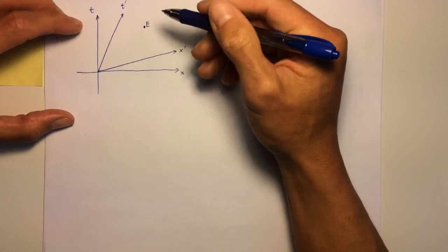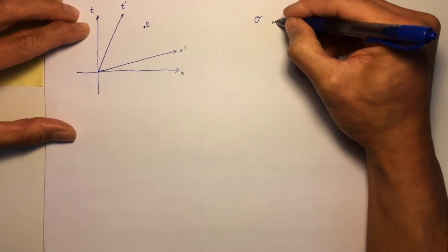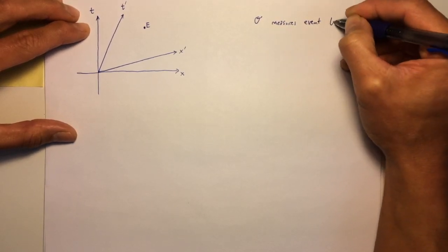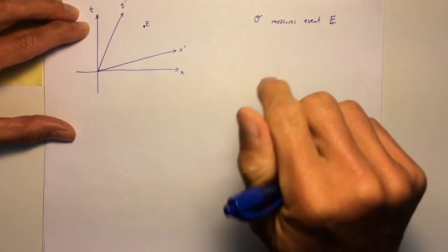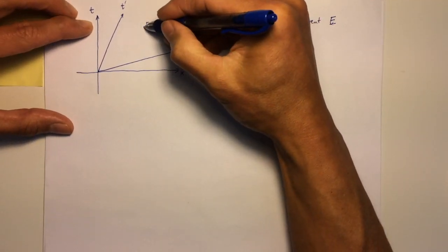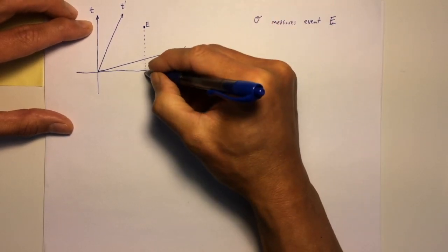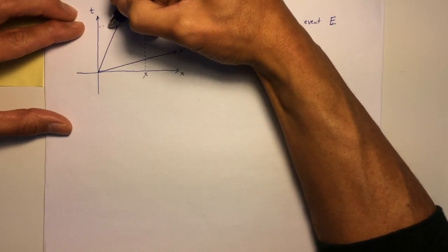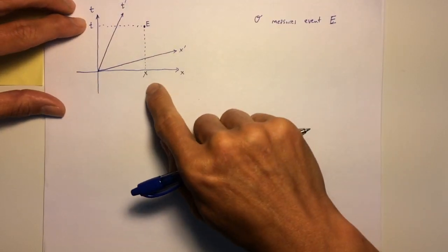So the way that O measures event E, in a sense, how O does this is O assigns the x position to be here and the t position to be here, right?